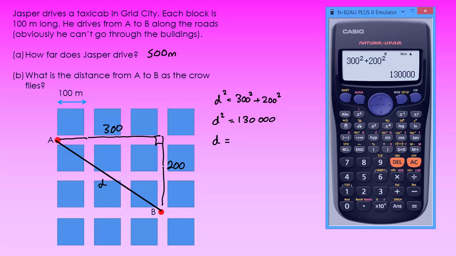And let's see what D is. We need the square root of that. So square root of the last answer, 360. Let's give it to the nearest meter. 361 meters, and that's to the nearest meter.